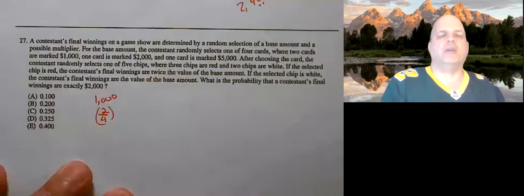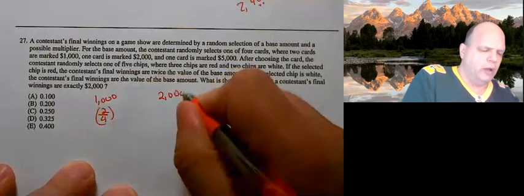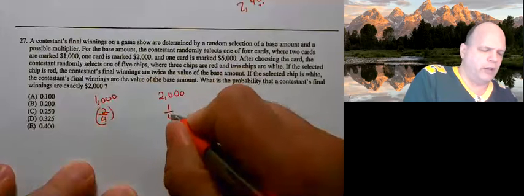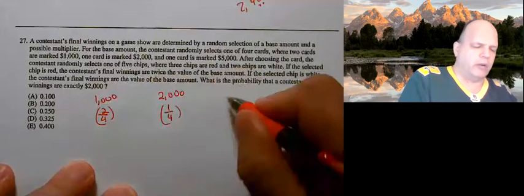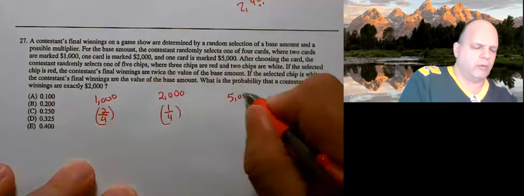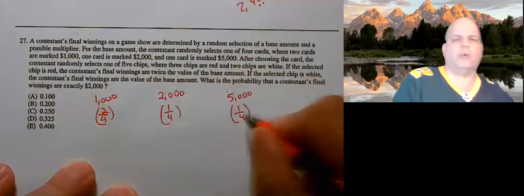One card is marked $2,000, and there's a 1 in 4 chance of getting that one. And there's another card marked $5,000, and there's a 1 in 4 chance of getting this one.